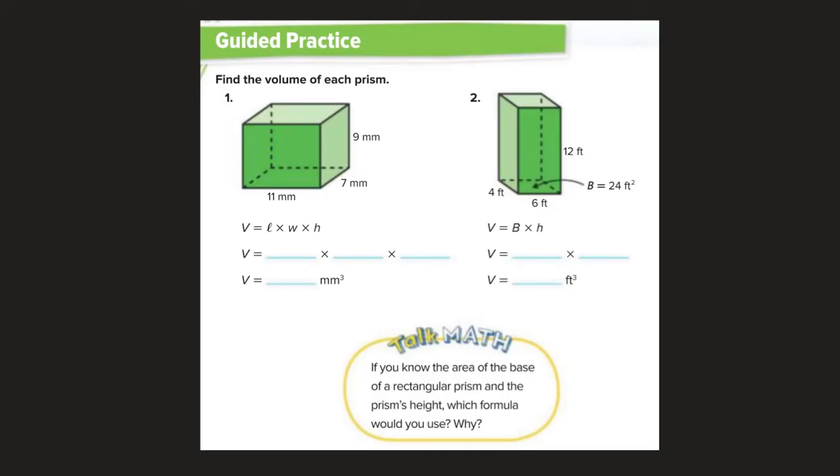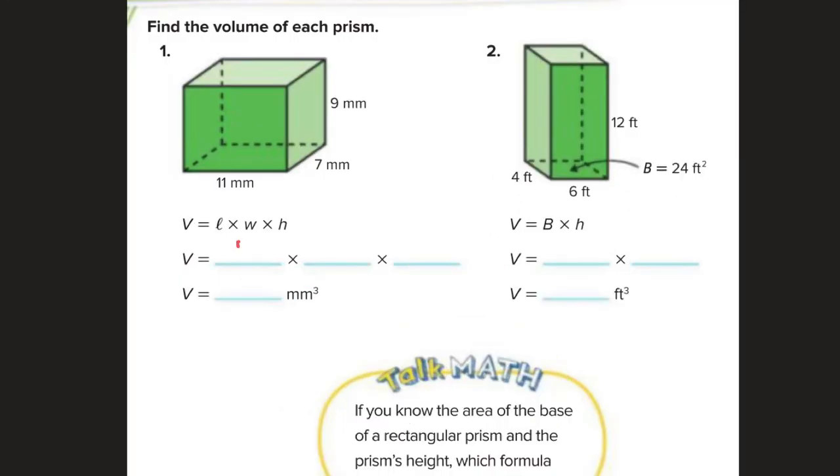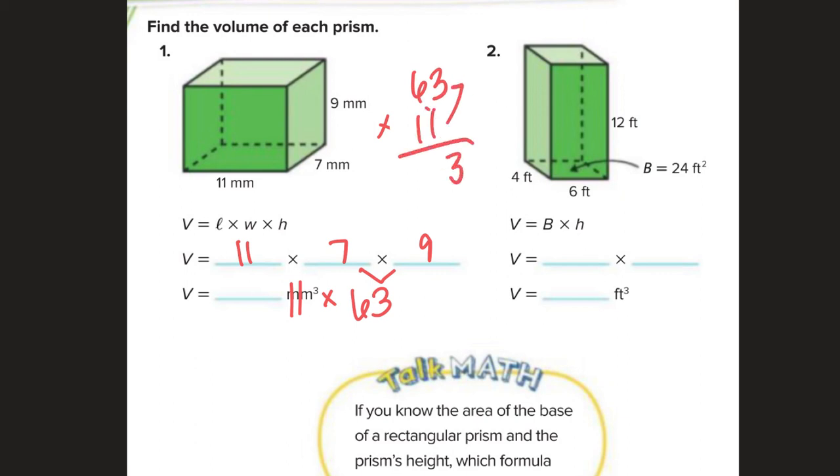Okay, thank goodness we don't have any big multiplication here. Okay, so I need to do 11 times 7 times 9. So let's do 7 times 9, 63 times 11. Let me get a little neater writing here, sorry. 3 times 1 is 3. 1 times 6 is 6.